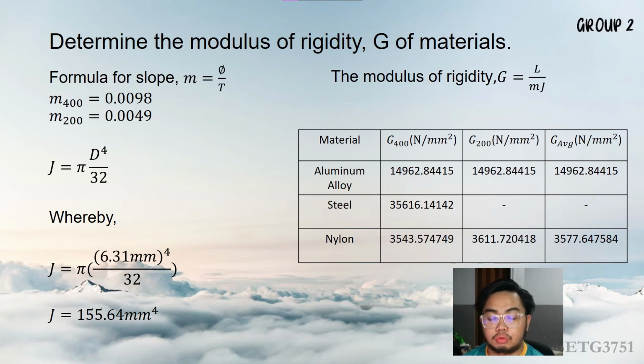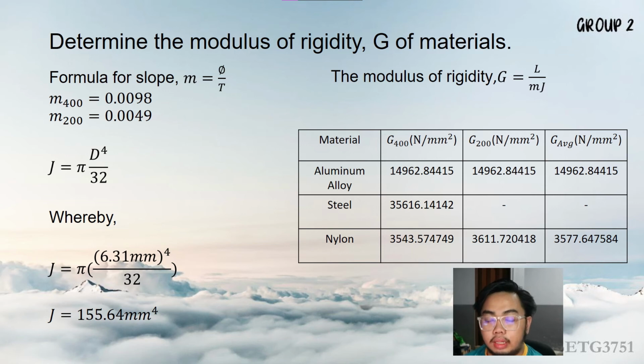To summarize, this is the summarization of our calculations. Aluminum alloy has a G400 of 14962.84 Newton per millimeter square. G200 is the same as G400. Finally, the average is also the same number.